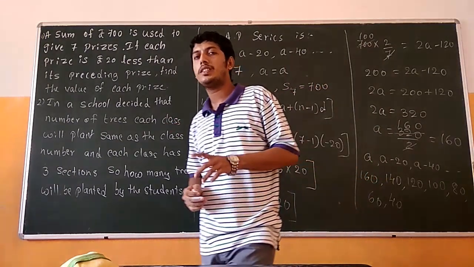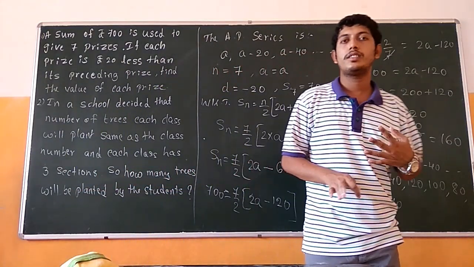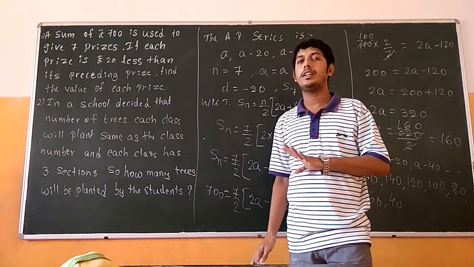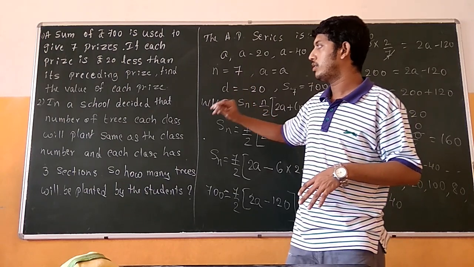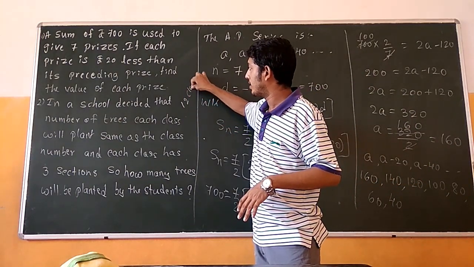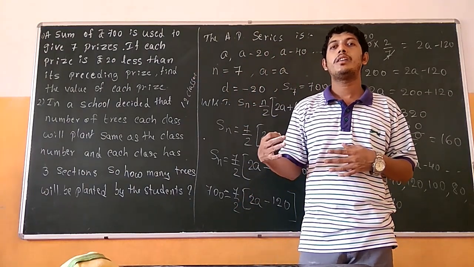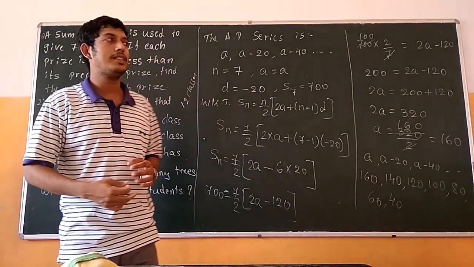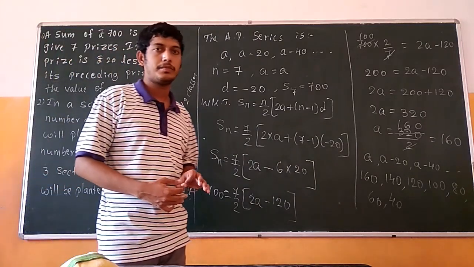So that means first class, standard 1, will plant 1 tree, standard 2 will plant 2 trees, standard 3 will plant 3 trees, like that totally 12 classes are present. That means up to PUC second. So each class will plant the same as their class number, and it is also given that there are 3 sections.